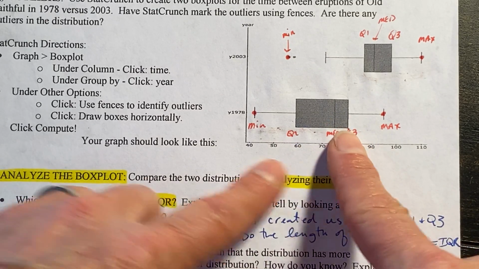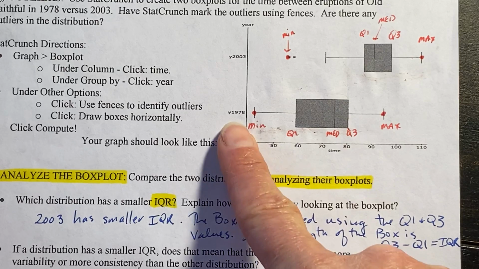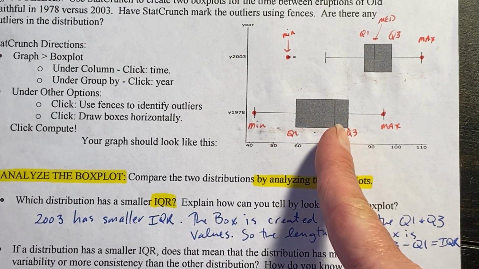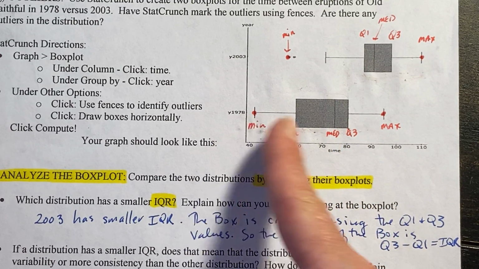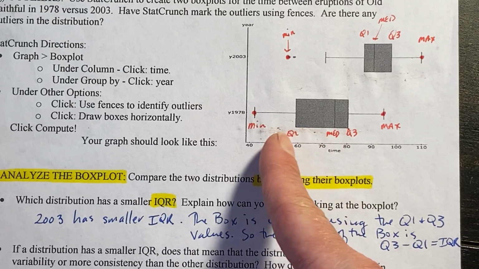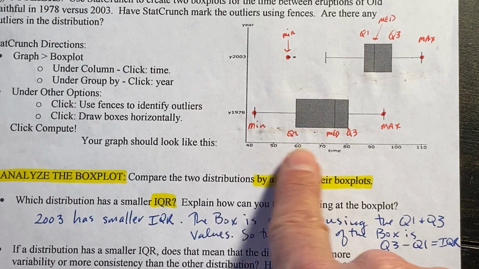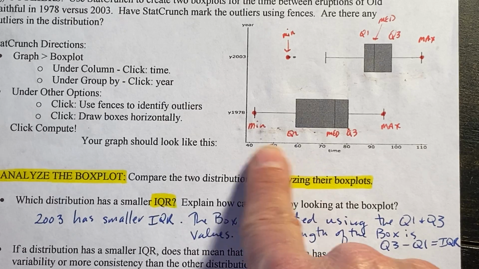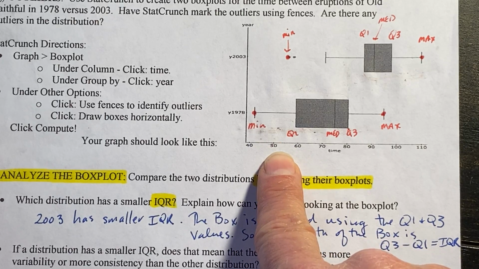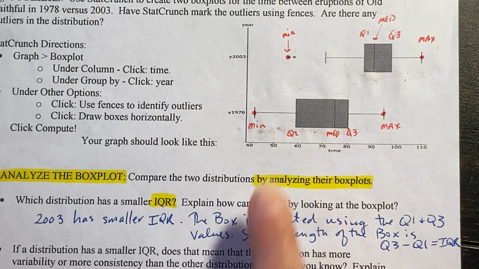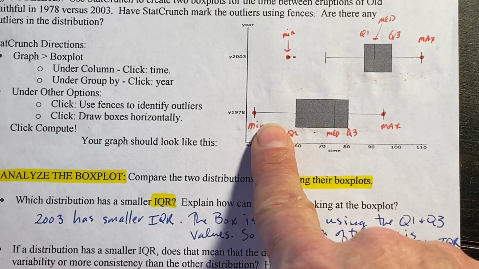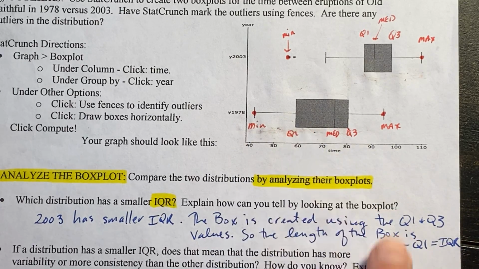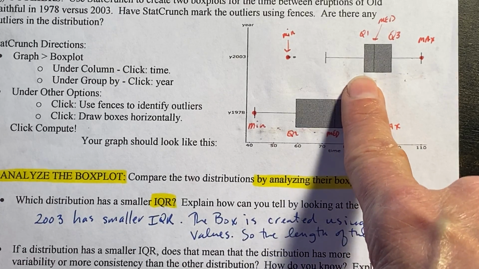So the quickest 75% in 1978 is all of these values from quartile 3 down to the minimum, because remember, quick for time is a lower time. So that, the quickest 75% of those times is below the longest 75% of the times in 2003.